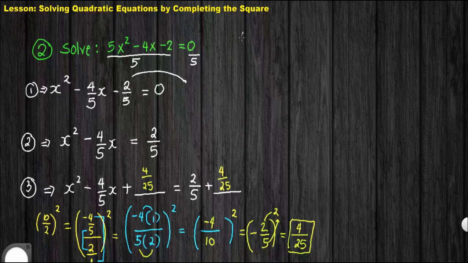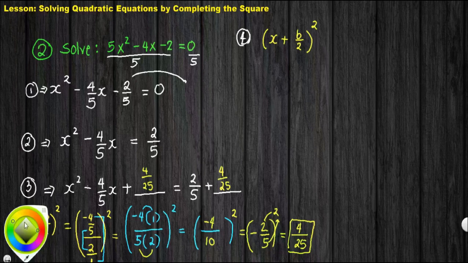For our fourth step, we need to apply our format. So I have here x plus b over 2 squared.